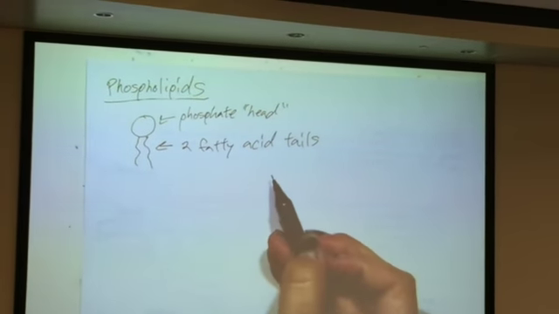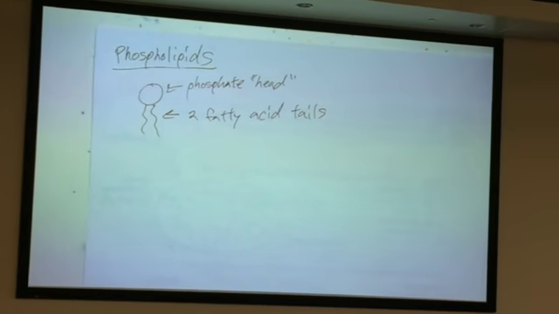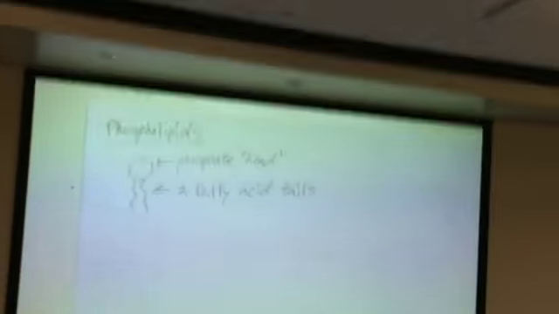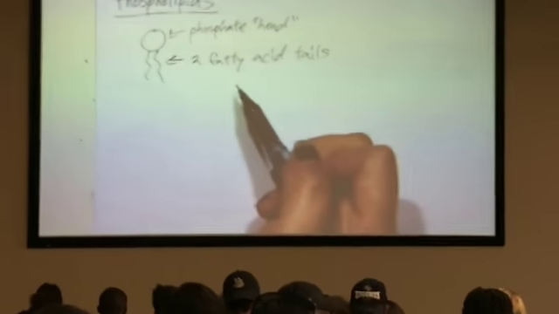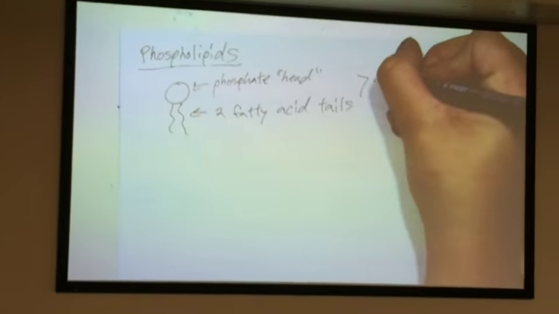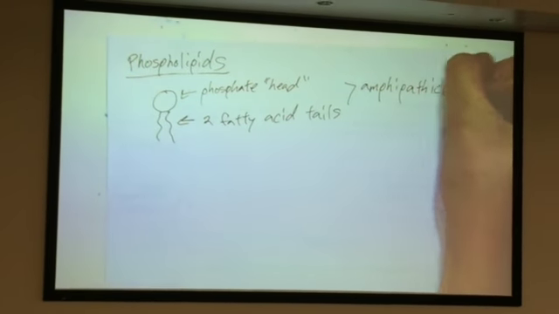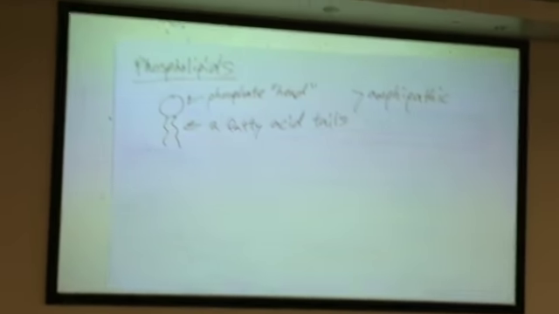Now, don't be fooled by the acid here. It's just fats. They just call them fatty acids for some reason. But it's very important to realize that this is an amphipathic, say that fast, molecule.